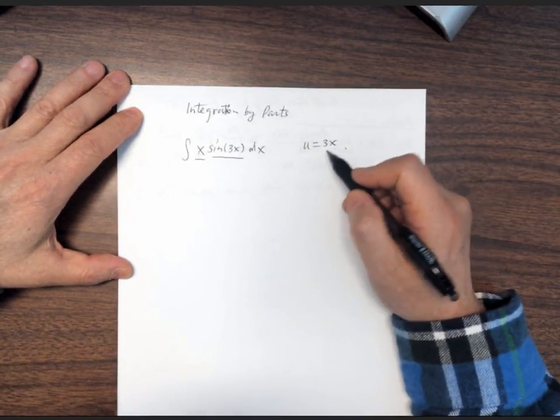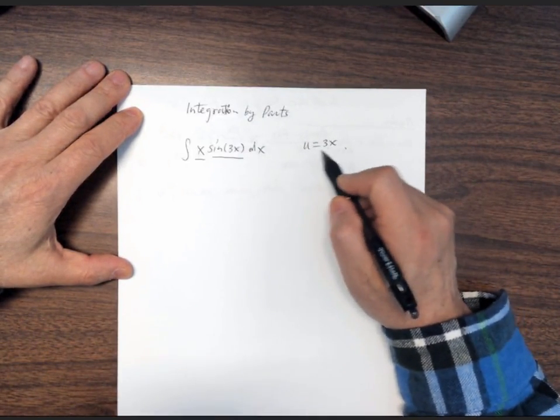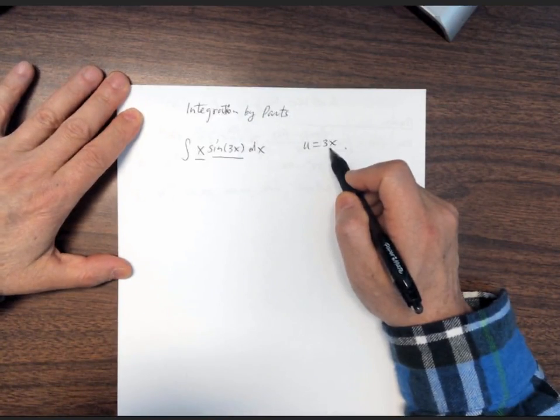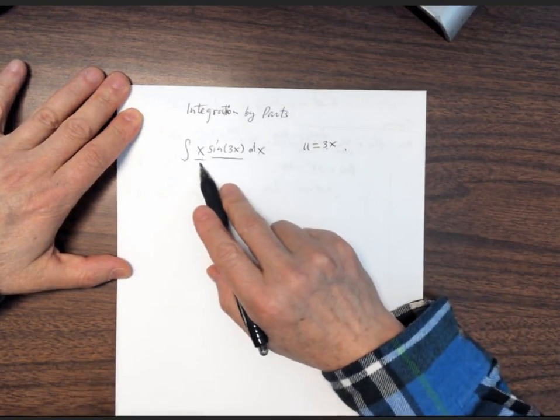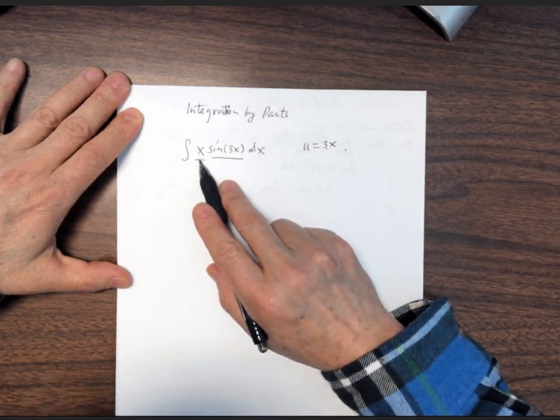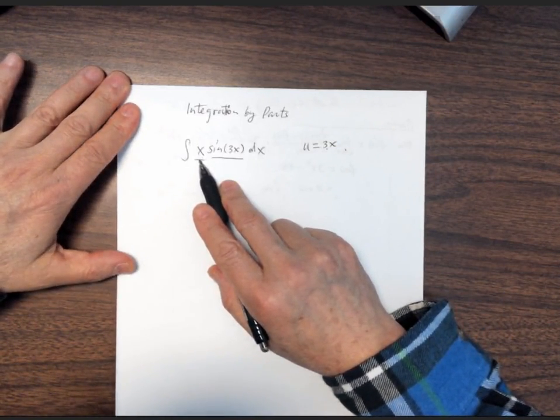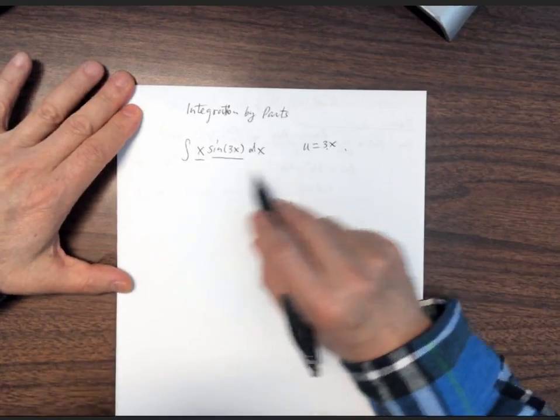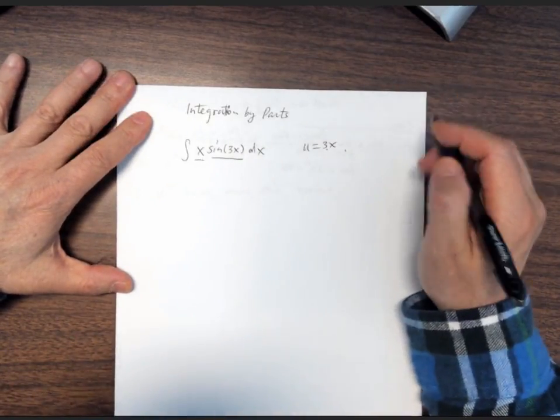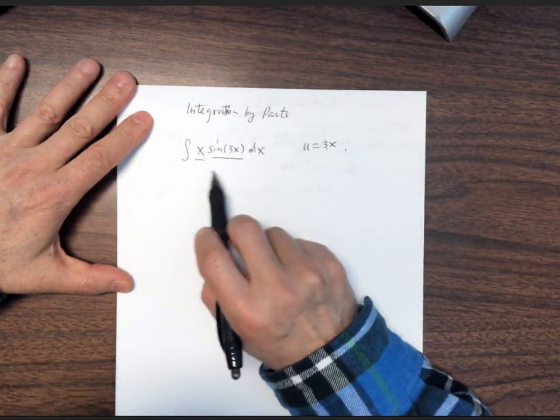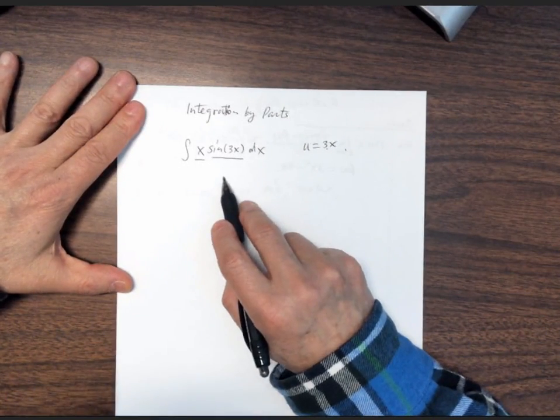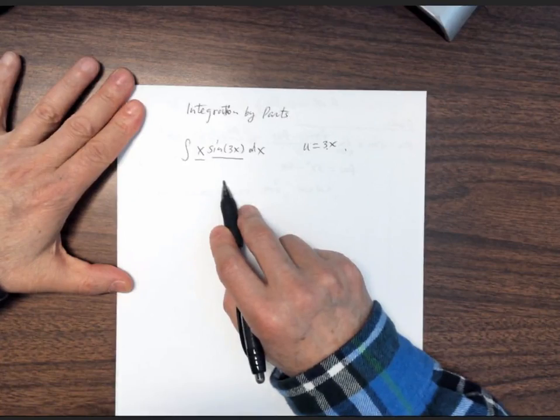But if you differentiate the right side, you get a 3 dx. There's a leftover x that's not going to go away, and you try it out, it's not going to work. It's impossible to turn this into some integral in u.